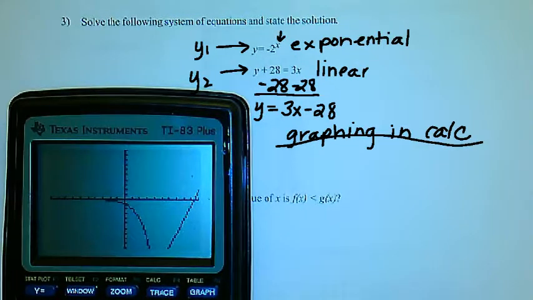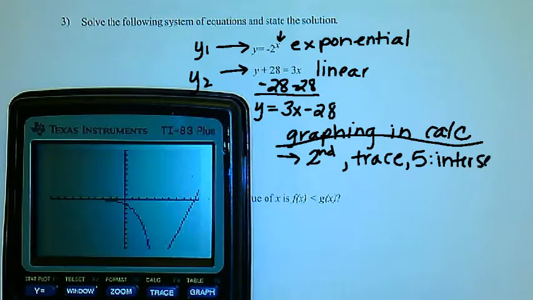Alright, so the first thing you're going to do is you're going to hit second trace, and then number 5. This is the intersect. Okay, and then you're going to hit enter, enter, enter.